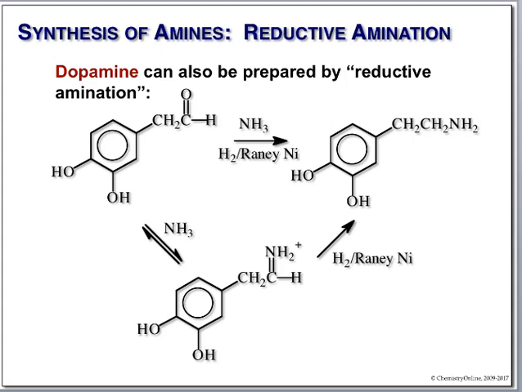Problem is that you get both stereoisomers. Methamphetamine is a chiral compound. One stereoisomer makes you nuts, and the other one makes your nose clear. It's a nasal decongestant, very effective. So you wind up with this mixture of stuff that makes you nuts and not congested.